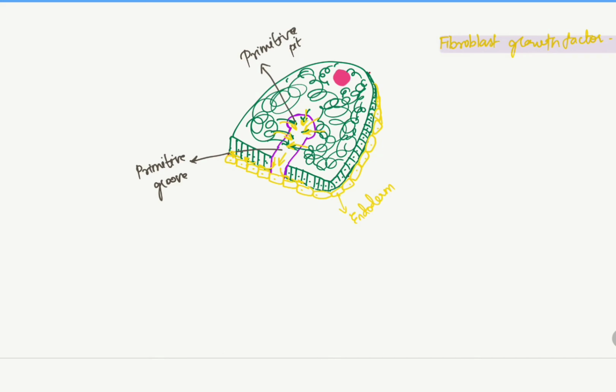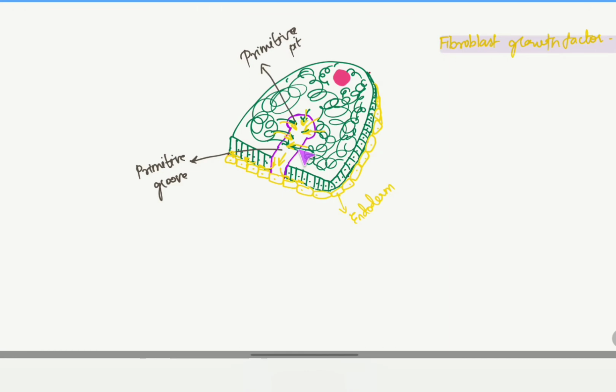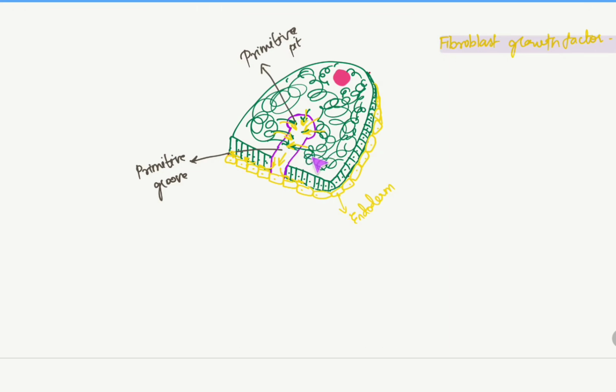What I mean to say is the proliferating epiblast cells fall into the primitive groove. As it is posterior to the epiblast cell layer, I am just mentioning it with the dotted line. Those cells which fall into the primitive groove and the primitive pit start moving laterally, and like this they move and form another layer called the endoderm.